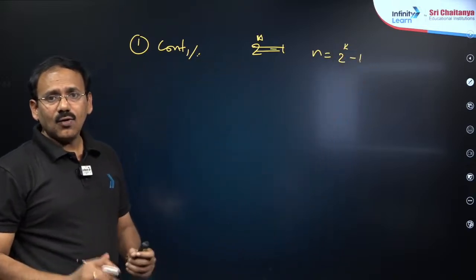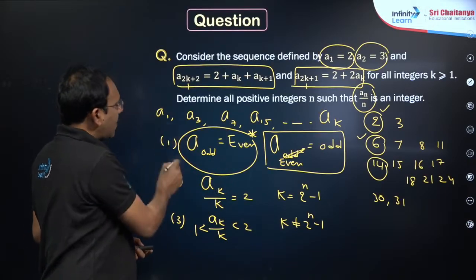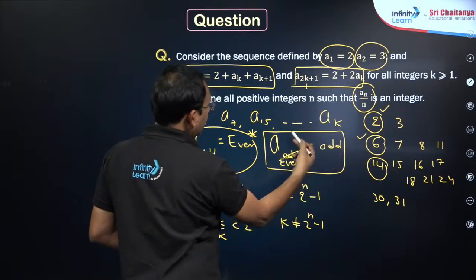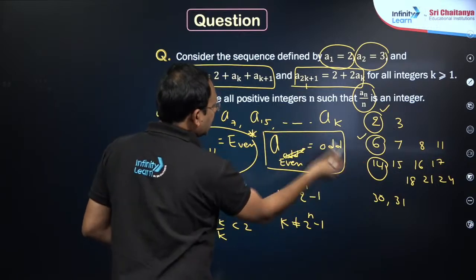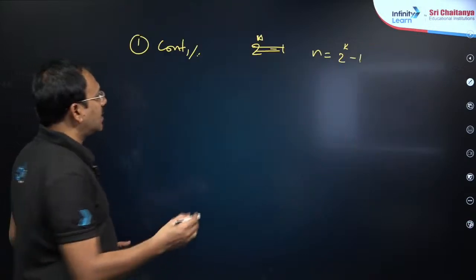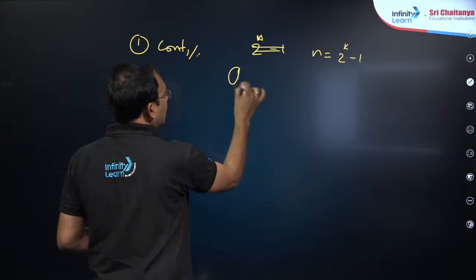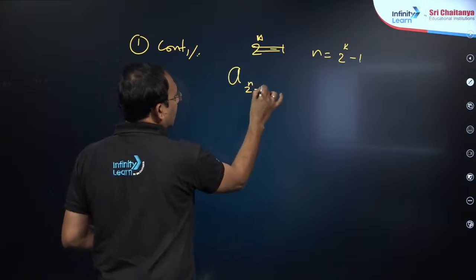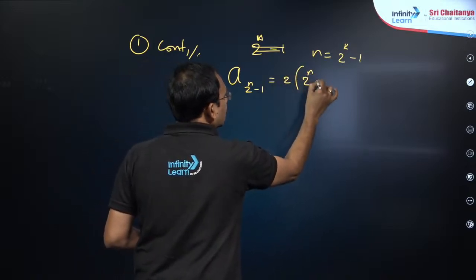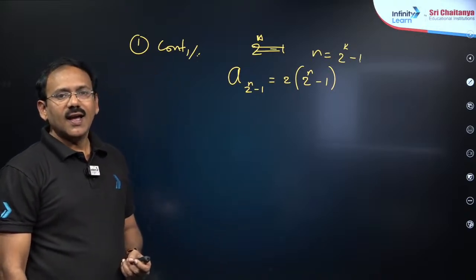Now my observation here is, you see, a1 is 2, a3 is 6, a7 is 14, a15 is 30, quite double. So my induction is, I take a suffix 2 power n minus 1 is nothing but 2 into 2 power n minus 1, is my observation for all n. Okay, how to prove this?